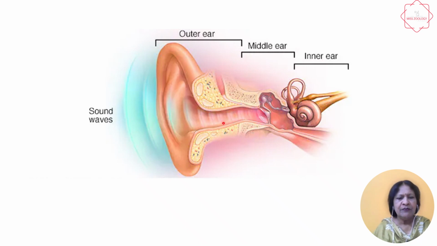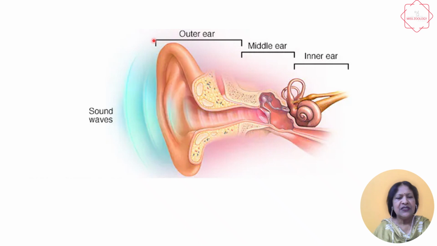The next 2/3 part is lined by ceruminous glands, which secrete cerumen, an oily secretion which traps any microbe that tends to enter into the ear canal, which is also the auditory canal, the name for the external auditory meatus, and then it doesn't allow any of these microbes to enter inside and infect the tympanum.